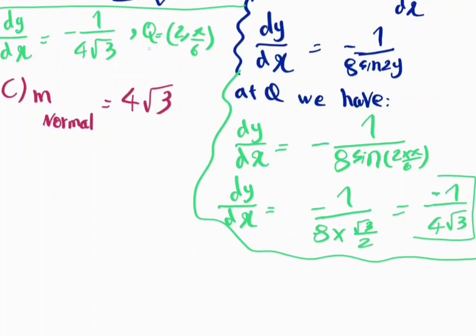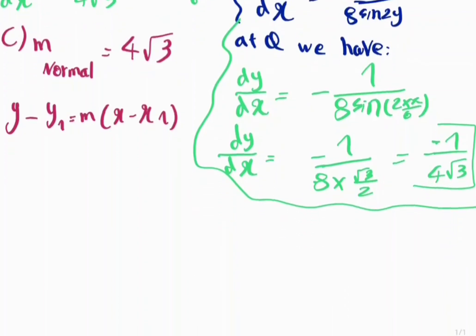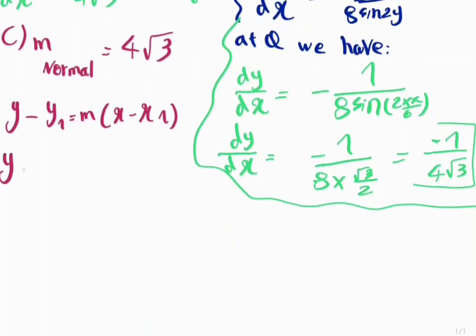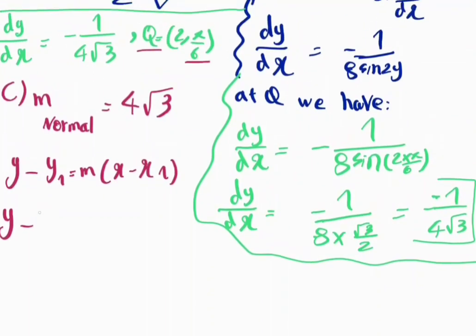And now we have the point, that's point Q. So now we can use the equation of the straight line to work out the equation of the normal. This is the formula: y minus y1 is equal to m times x minus x1, where y1 and x1 are the coordinates of the point, and m is the gradient. So y minus pi by 6 is equal to 4 root 3 times x minus 2.